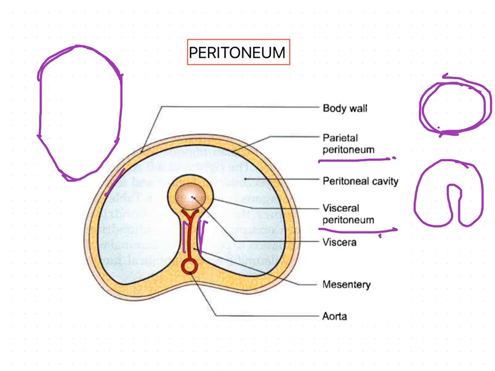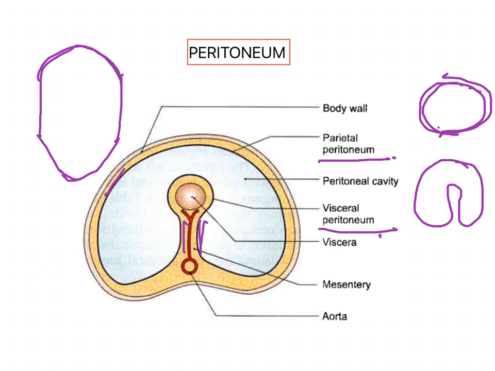Its blood supply and nerve supply are the same as that of the viscera it surrounds. Normally these visceral organs have autonomic innervation. So whenever the viscera is stretched, the visceral peritoneum will evoke pain, normally when there is any ischemia or distension of these organs.